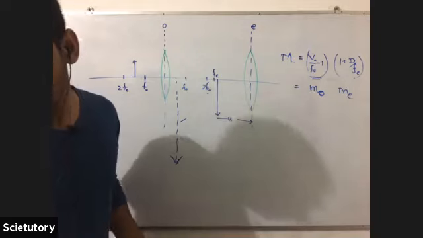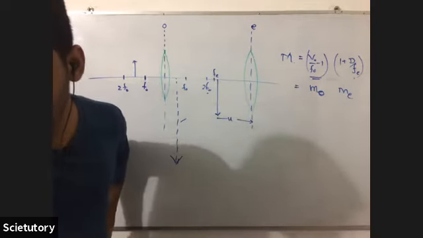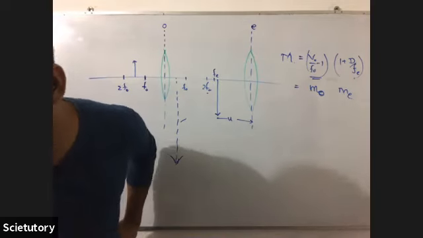So no point. The sixth question. Two cells having an EMF E and internal resistance R are connected as shown in the figure. They are equivalent to a single cell with what? That's the question. What E and what R?